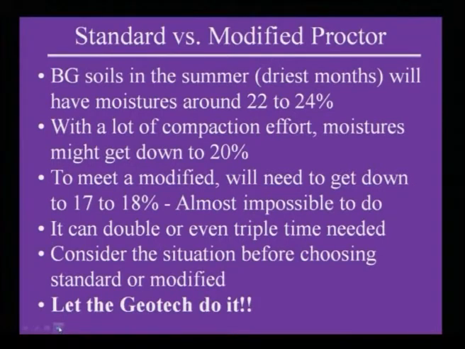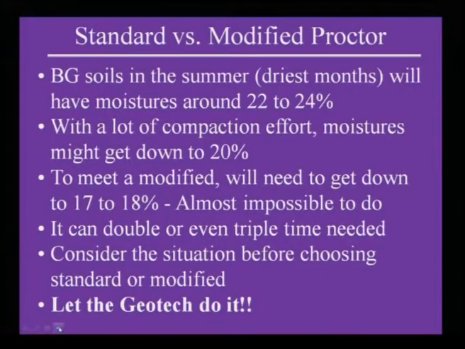If you apply more compaction effort, the moisture content may go below 20%. To meet a modified, you will need to get down to 17 to 18%, almost impossible to do. It can double or even triple the time needed if you go for modified compaction.